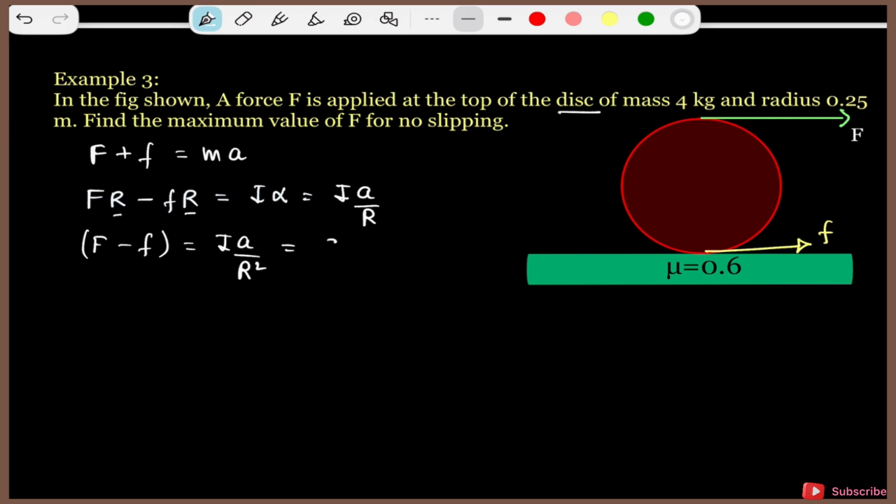So it is 1 by 2 mR square times a upon R square. So R square terms are going to be cancelled out.